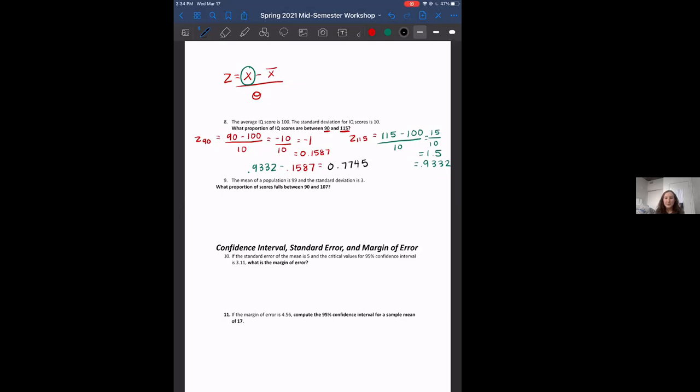You just find the z-score of 90 and the z-score of 107, and then you plug those into the table and then subtract them. Subtract the smaller one from the bigger one, and let me know what you get.